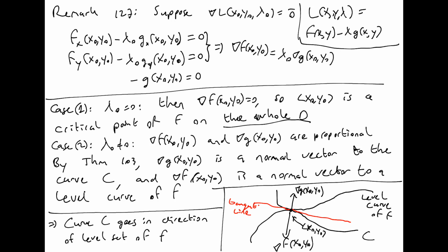Okay, then there's remark 128 which I quickly want to discuss. And then afterwards I will discuss the examples. So remark 128 is saying that the first thing is that if the curve is closed and bounded, then we are guaranteed by theorem 111 that we have a global minimum and a maximum.